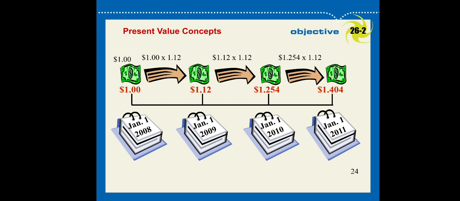The assumption is today it is January 1st, 2008, and then you invested $1. For the investment, you will get 12% return per year. So you can see here, if you invest $1 on January 1st, 2008, on January 1st, 2009, your $1 investment will become $1.12.